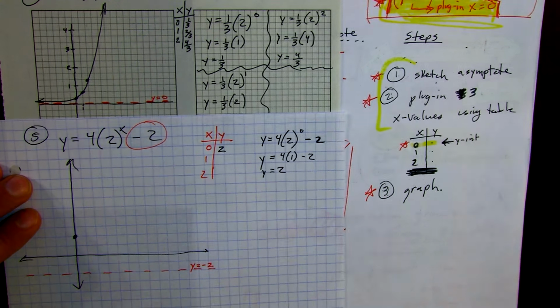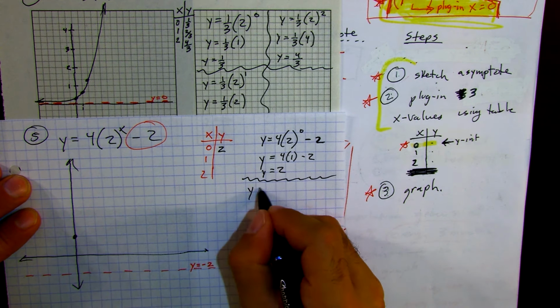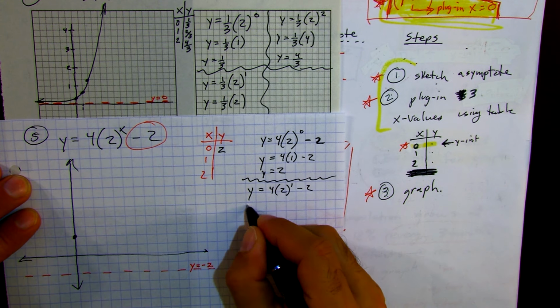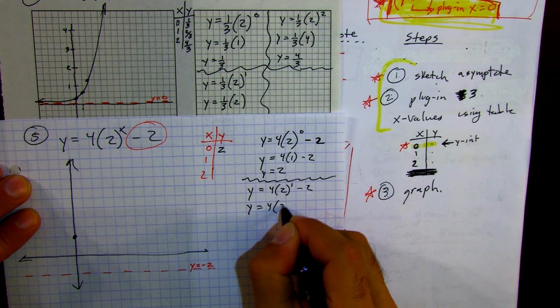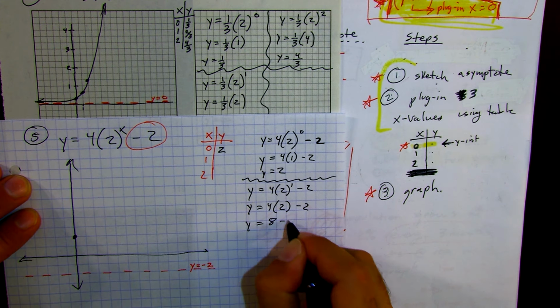All right. Then we have y is equal to 4 times 2 to the first minus 2. We're going to go and get 6.